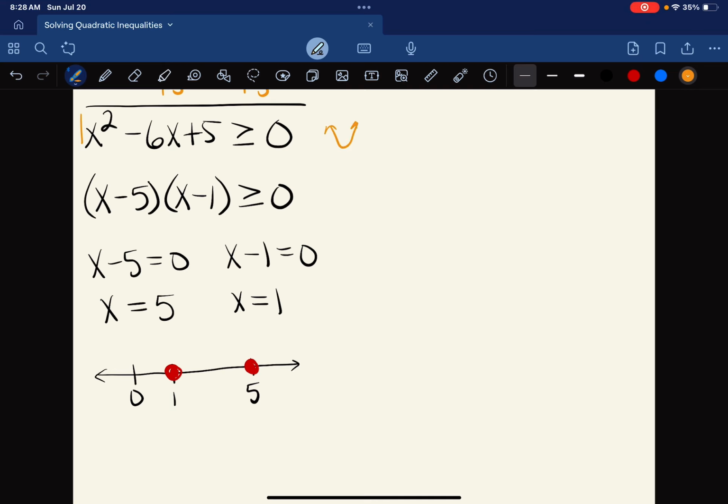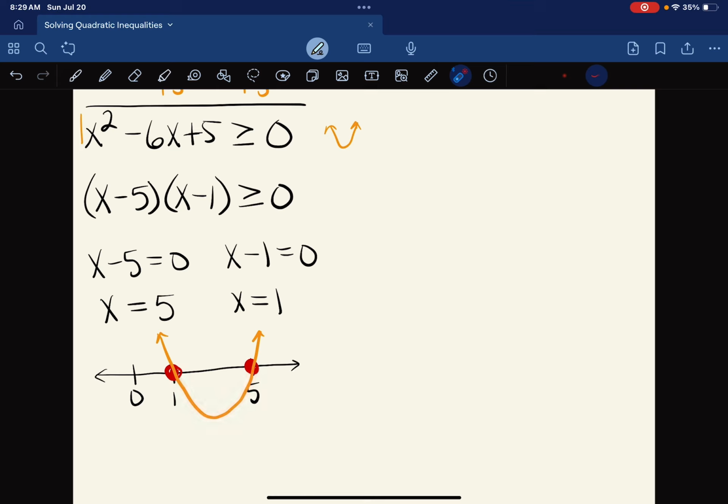If my a value were negative, my parabola would be opening down. So I'm just going to sketch a picture of a parabola that opens up. And then it's pretty easy for me to tell where my quadratic is positive and where it is negative. If I want the positive values, it's everything that sits above the axis. If I want the negative values, it's everything that sits below the axis.